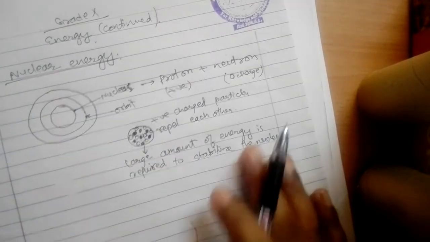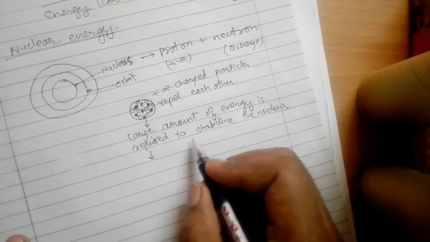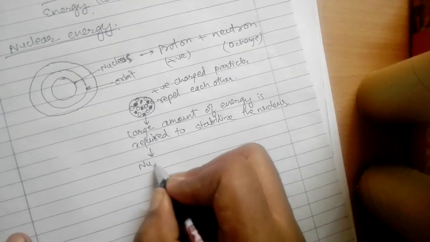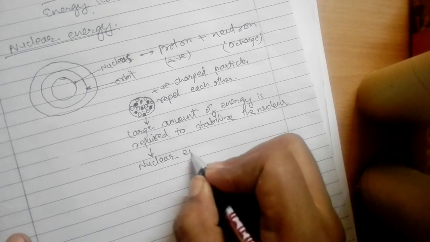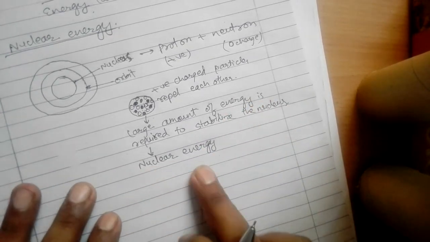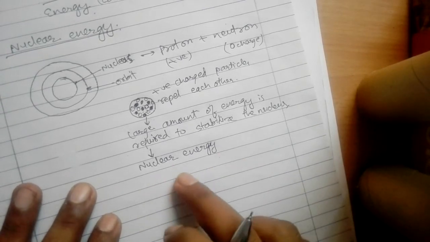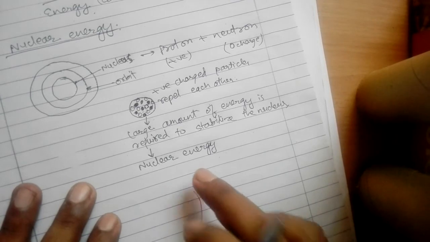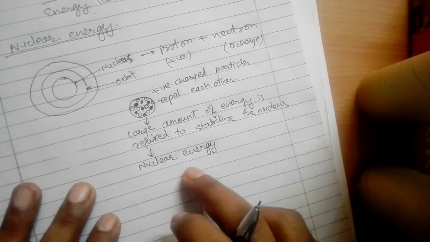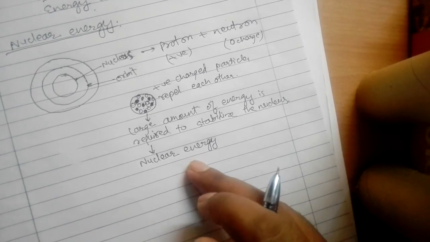That means every single object contains a large amount of energy in its nucleus, which is called nuclear energy. Now know this: every object contains nuclear energy, but in most atoms this energy is not available for us to be used.